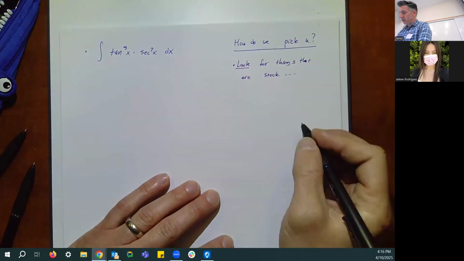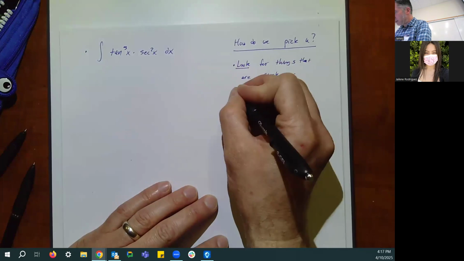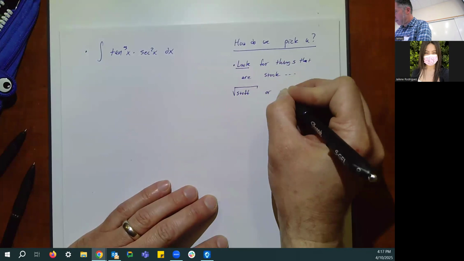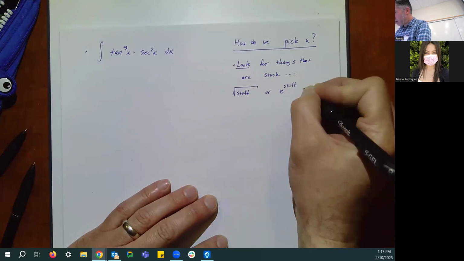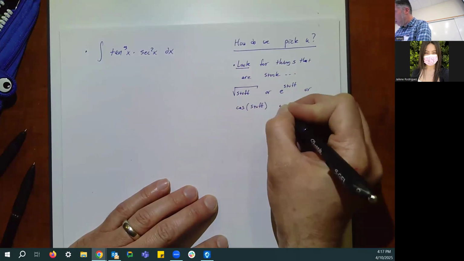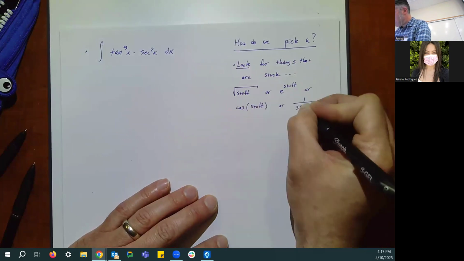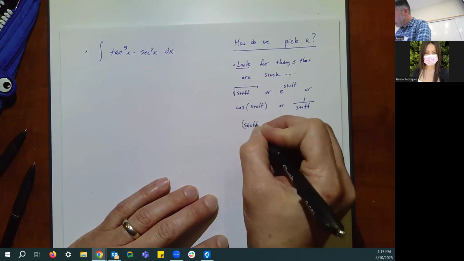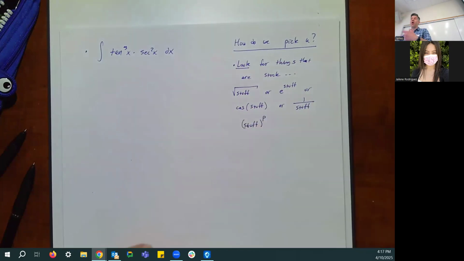Meaning you have something like the square root of some stuff, or e to some stuff, or cosine of some stuff, or really any trig function of some stuff, or 1 over some stuff, or some stuff to a terrible power. Basically, anything that's an argument of another function is typically a good place to at least think about trying.